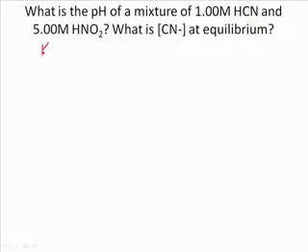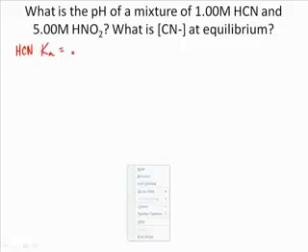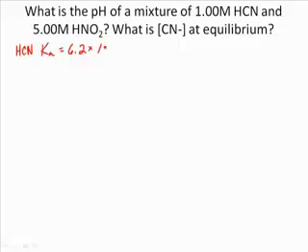The Ka for HCN, hydrocyanic acid, is 6.2 times 10 to the minus 10, and the Ka for the nitrous acid is much higher, 4.0 times 10 to the minus 4. So again, here we have a huge difference in the Kas, and so the nitrous acid is going to dominate the pH. So let's answer the first question.